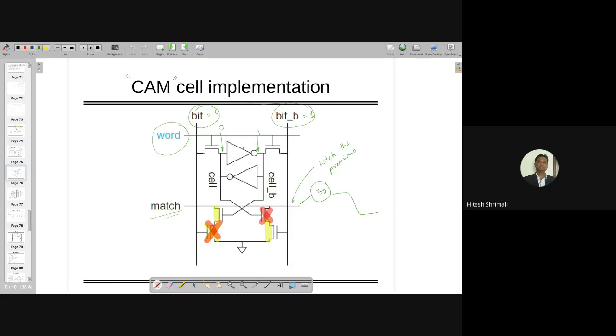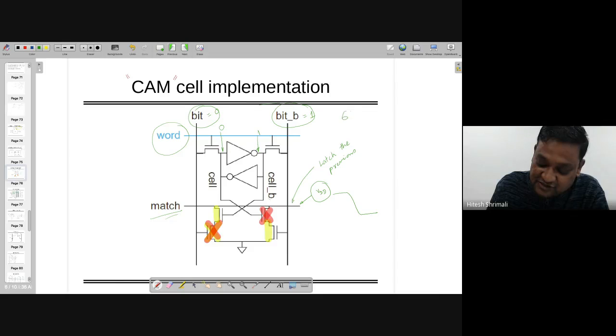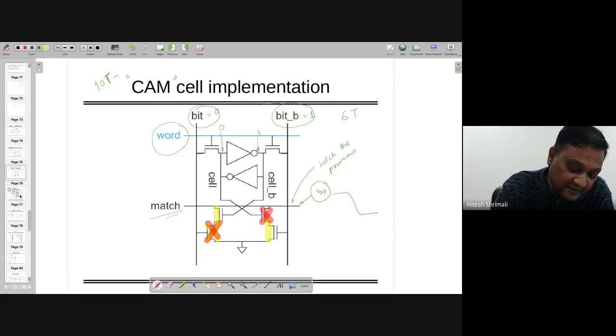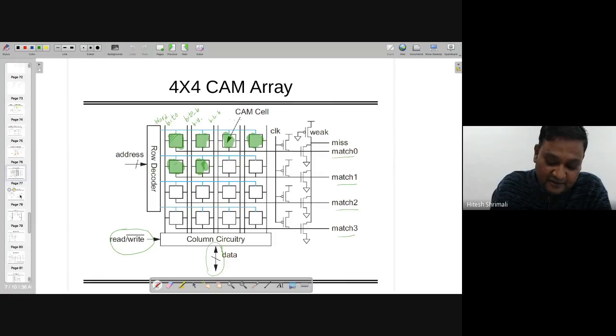In the case of SRAM, it requires 6 transistors, so that's why it's known as a 6T SRAM. In this case, it requires 10 transistors. That's why it's known as a 10T CAM, because of 4 extra transistors, just to make sure that the match is going from VDD to ground or not, matching the virtual address and the physical address. So there are 10 transistors. That's why it's a 10T cell.